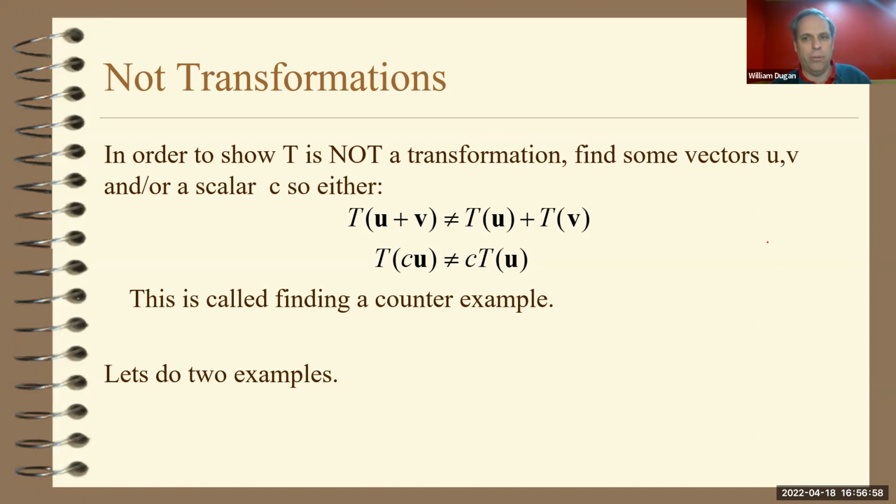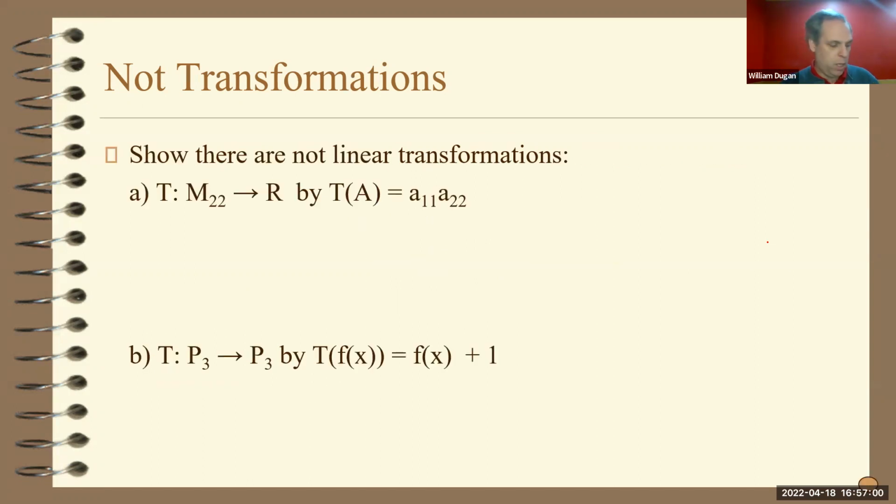I'll give you two examples. So I want to convince you that this mapping from M22 to R is not a linear transformation. Now you need to remember what this means. M22 is a matrix. So in M22, there are entries in the first row, first column, second row, second column.